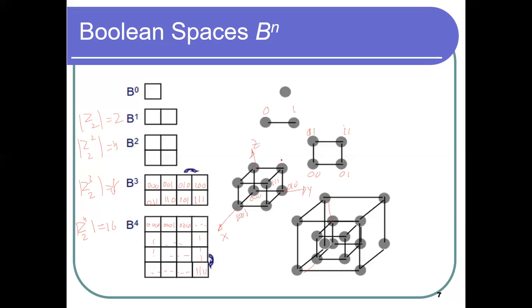This is on the z axis, so it will be 0 0 1. This point is in the xz plane, so it will be 1 0 1. This is in the xy plane, 1 1 0, and this is the yz plane, so the coordinate of this point will be 0 1 1. So we can denote the different Boolean spaces, and their geometrical representation can be elaborated with this slide.